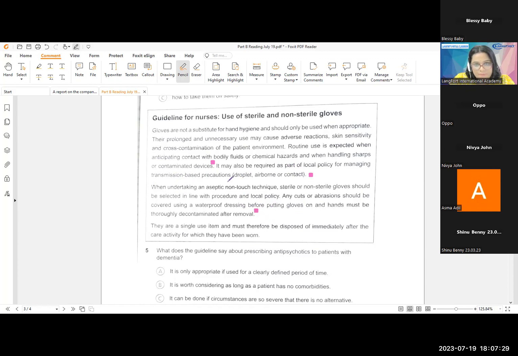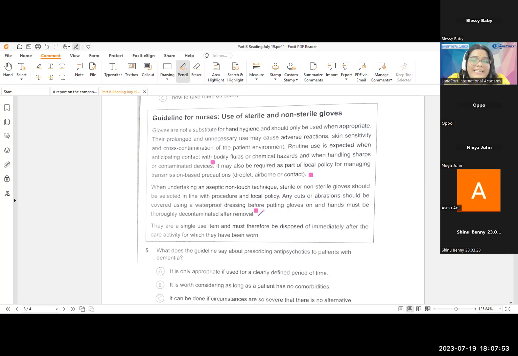When undertaking an aseptic non-touch technique, sterile or non-sterile gloves should be selected in line with the procedure and local policy. Any cuts or abrasions should be covered using a waterproof dressing before putting gloves on, and hands must be thoroughly decontaminated after removal.